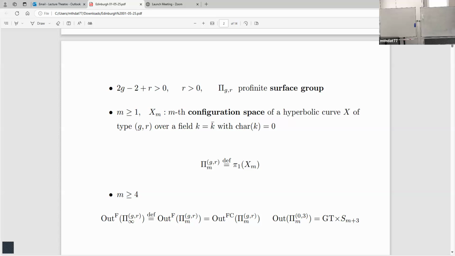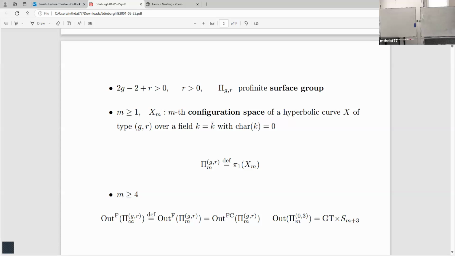Without loss of generality, I will assume that R is positive. I will be considering surface groups of affine hyperbolic curves. So pi GR is the profinite completion of a surface group of type GR. In this case, it is profinite free.